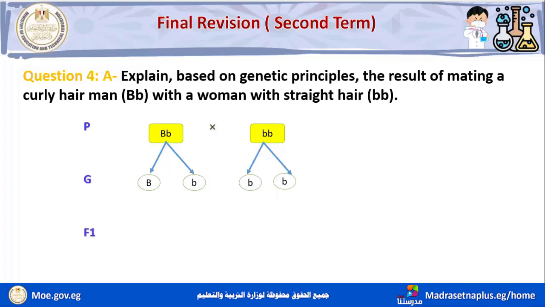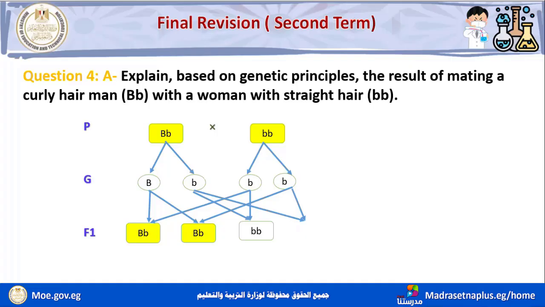First generation, B capital B small curly hair, B capital B small curly hair, B small B small straight hair, B small B small straight hair. Ratio 50% curly hair, 50% straight hair, 1:1.